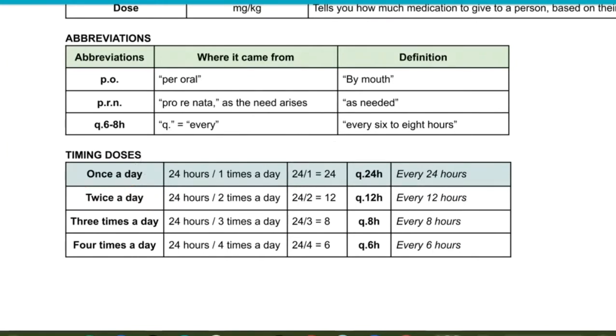If you're trying to calculate what the unit should be looking like, if you have the words, look at how many times a day you are taking that medication. And then you're going to divide 24 hours by that number. So if you're taking a medication twice a day, you divide 24 hours by 2, and you get 12. So you write it as Q12H.